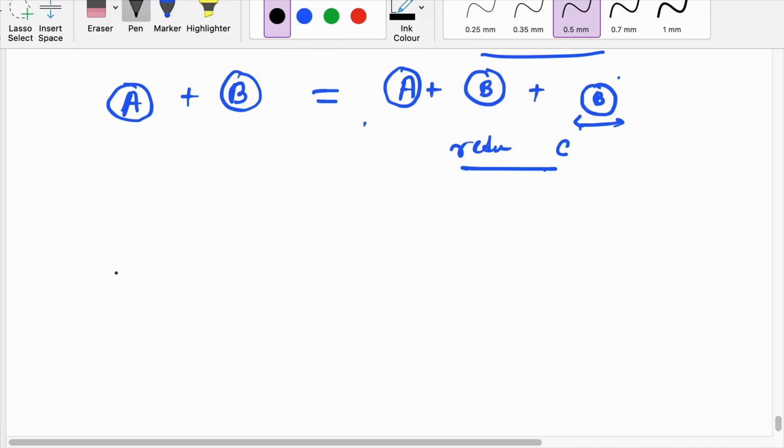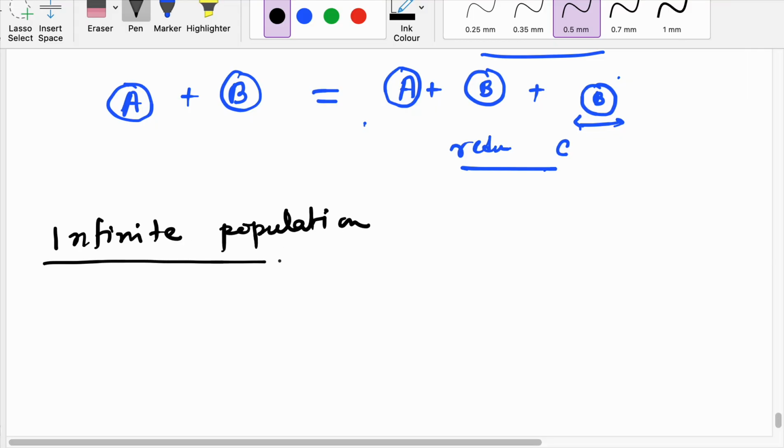Now suppose I have an infinite population, and individuals are interacting with each other randomly.